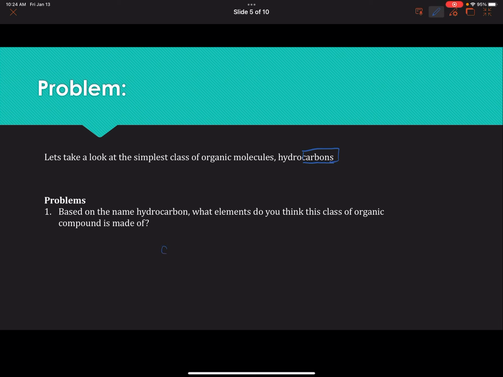So hydrocarbons are going to contain carbon. But then we also see hydro. Whenever we see hydro, hydro is connected to hydrogen. So hydrocarbons are going to be a class of organic compounds that contain only carbon and hydrogen.